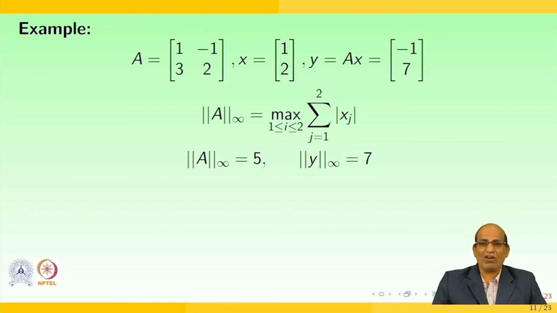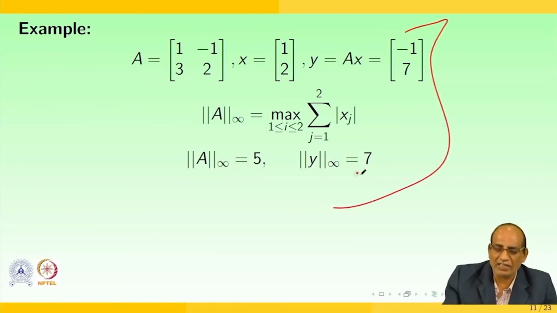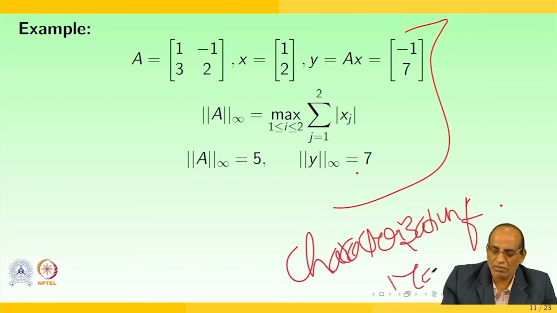If you want to write the infinity norm of A, it is the maximum over i from 1 to 2 of the summation. So you get the infinity norm of matrix A as 5, and the infinity norm of y will be 7. So this will give you the characterization of matrices.